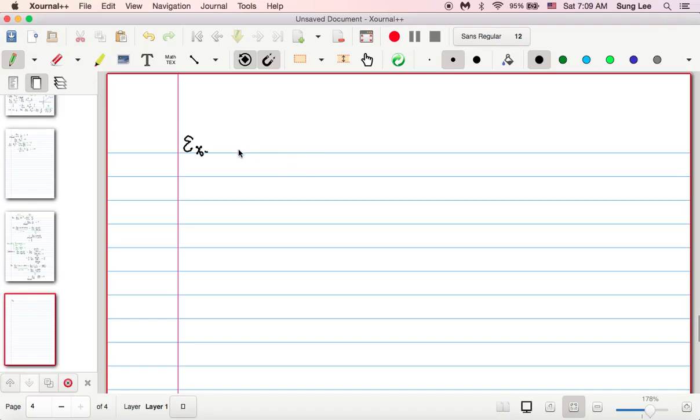We want to calculate the limit as x goes to infinity of x minus ln of x, right? So this one here, when x goes to infinity, is an infinity minus infinity type indeterminate form.